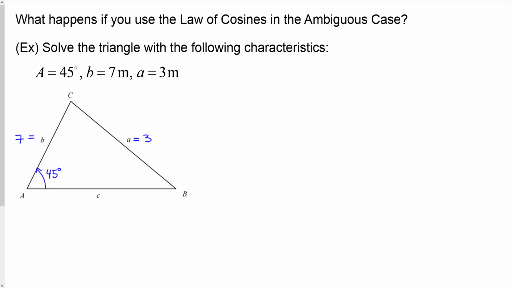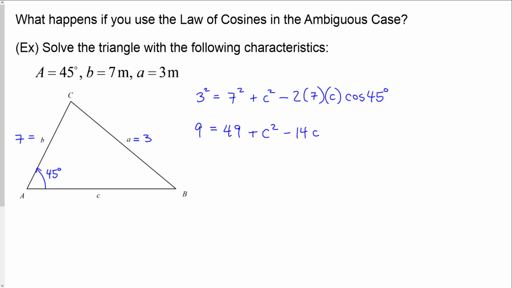So for instance, I could say 3 squared is equal to 7 squared plus c squared minus 2 times 7 times c times cosine 45 degrees. All right, or let's see. 9 equals 49 plus c squared, 2 times 7 is 14, so minus 14c. The cosine of 45 was the square root of 2 over 2.